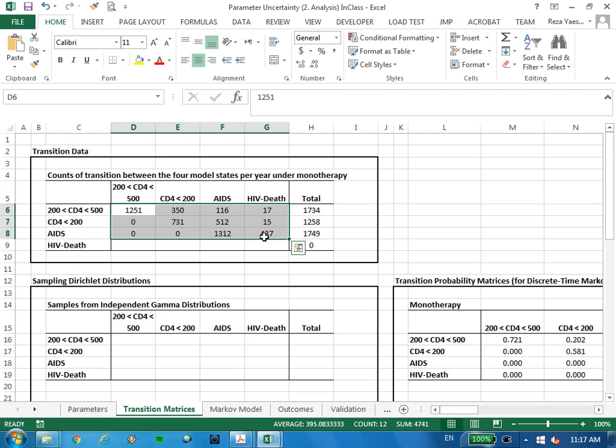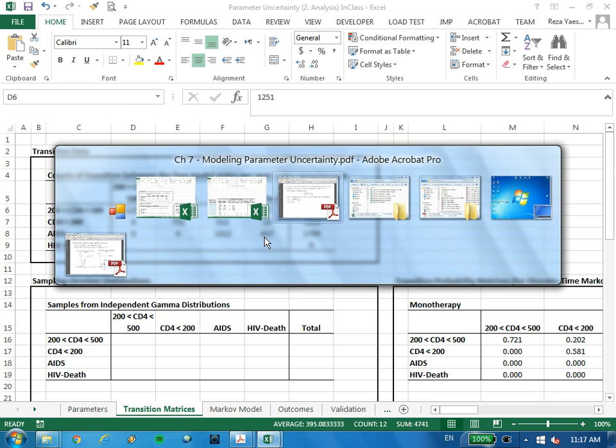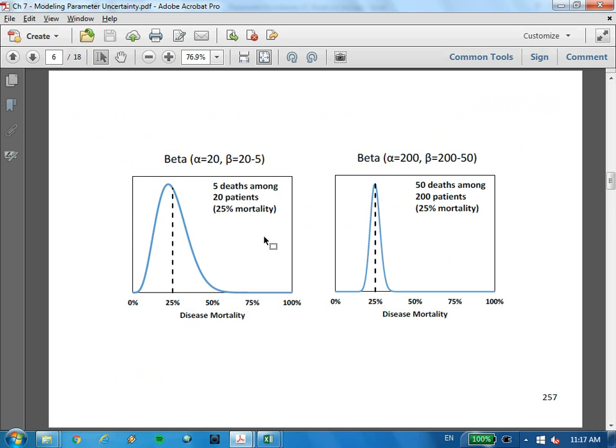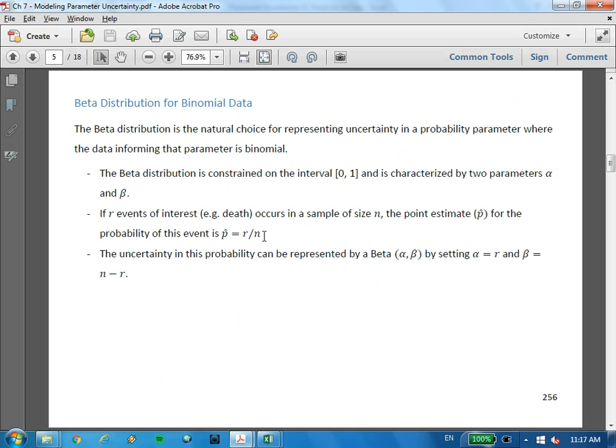Now, if I want to capture the uncertainty around P1, I can use a beta distribution, which has alpha and beta, two parameters. So alpha is M, beta is N minus M. So it's very straightforward, okay?